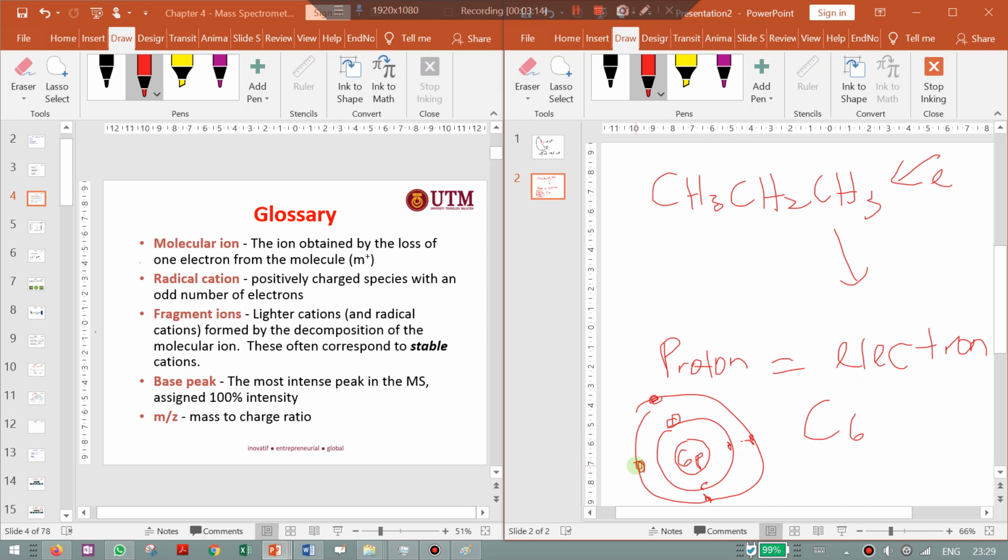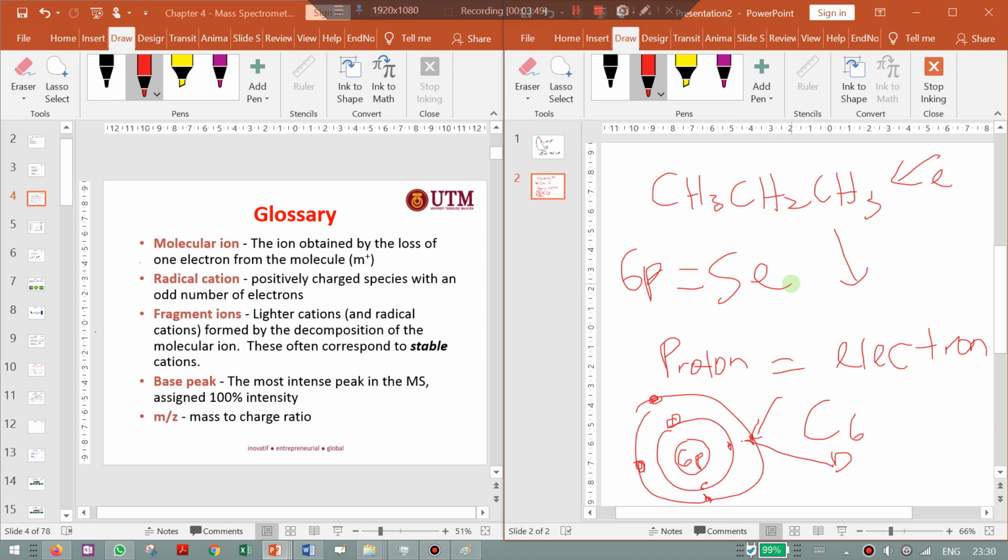What happens during the ionization process is that it will hit one of the electrons and remove one electron from the orbital shell. When we remove one electron, it becomes 6 protons and 5 electrons. The number of protons and electrons is not the same.